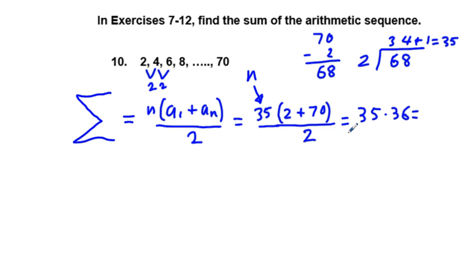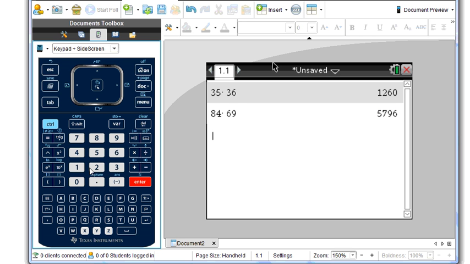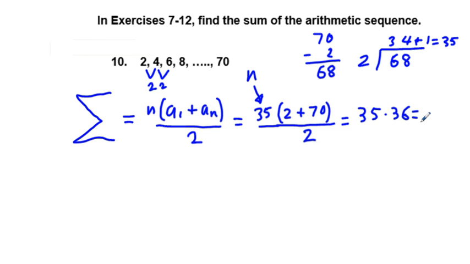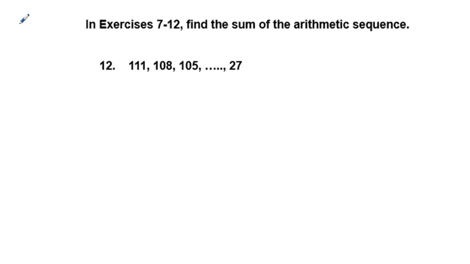So we're going to get 35 times 36, which I've done earlier. We get 1260, and that is going to be our answer right here. Next, let's go to our next and last even number problem, which is 12.